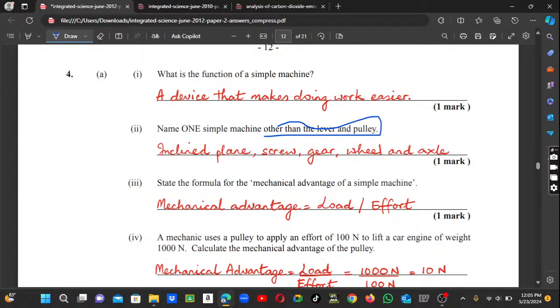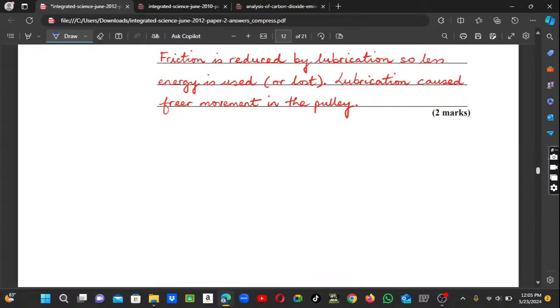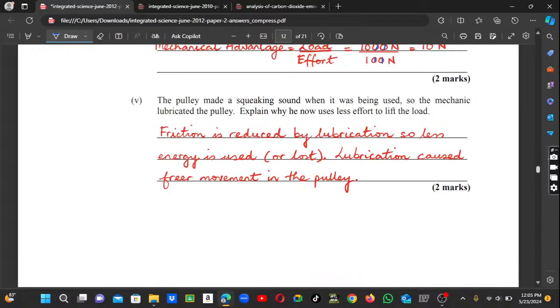So what you're going to calculate here is the mechanical advantage. It would be load over effort, so we're just dividing, guys. We cancel the common factors, and the answer would be 10. This is very simple, guys. Trust me, I really want to go through this paper real fast because we don't have much time.